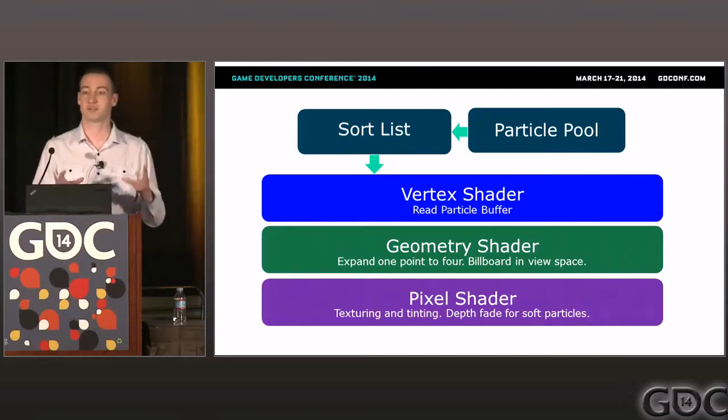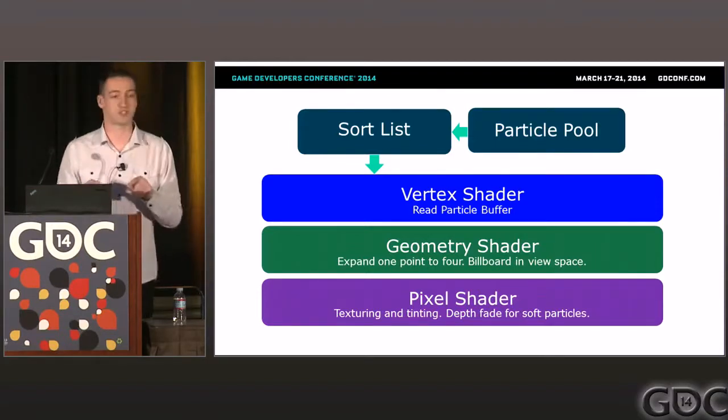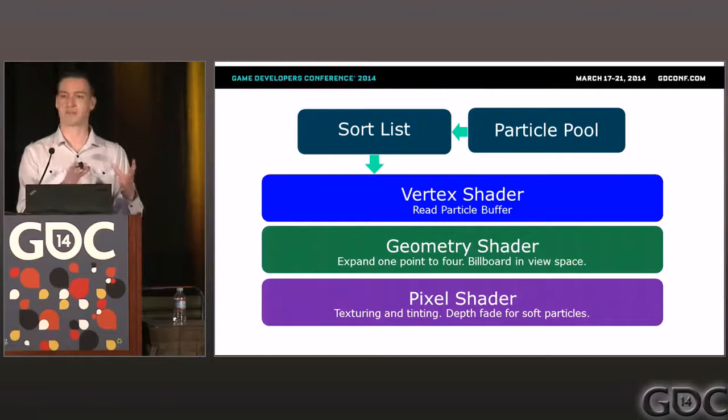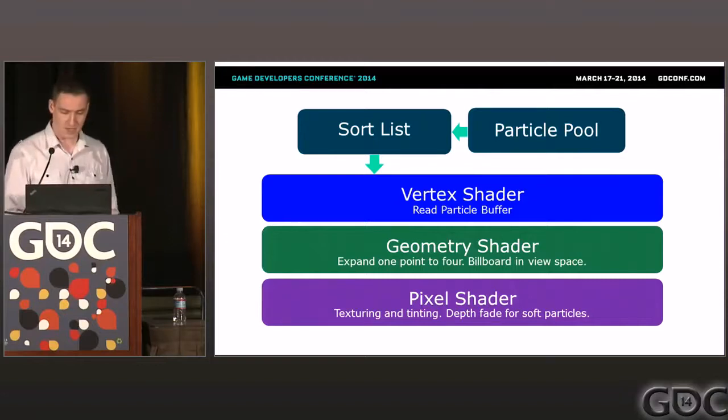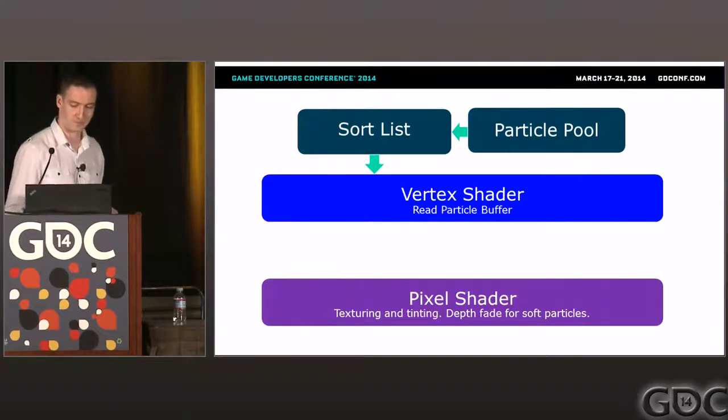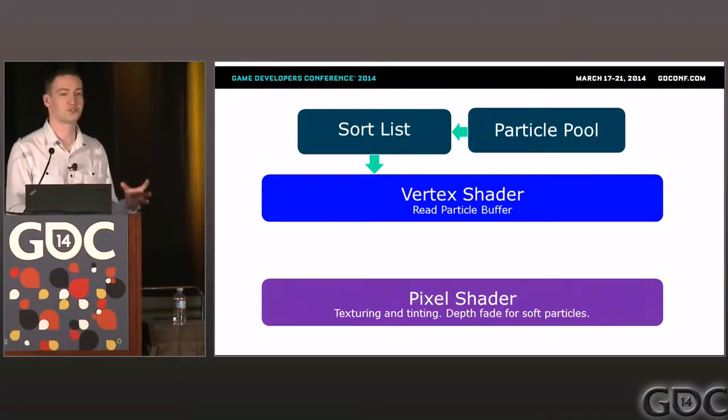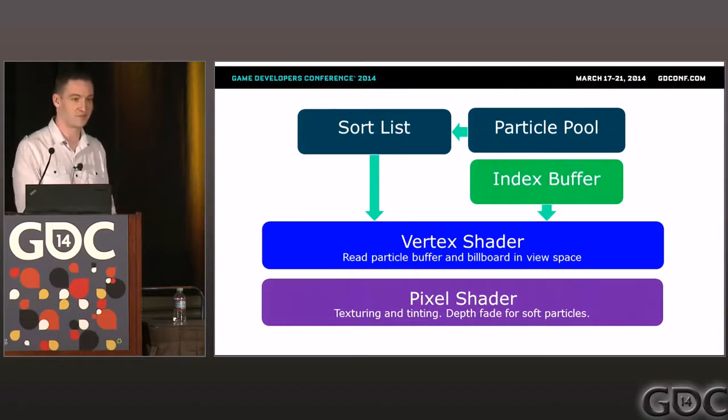Then you hand that particle data off into your geometry shader. And it's here is where you do your 4-point expansion. So you're doing your camera-facing billboard. And then after that, you just call a restart strip so you kick off 2 triangles per particle. But as we know, the geometry shader is not necessarily the fastest part of the pipeline, and if we can avoid it, then that's always good.